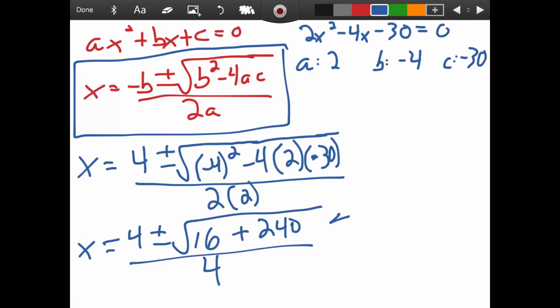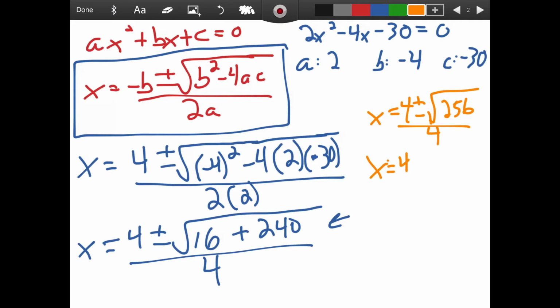And now when we add these together, we want to memorize our perfect squares, because 240 plus 16 is 256, and when we take the square root of 256, we want to know this pretty quickly.